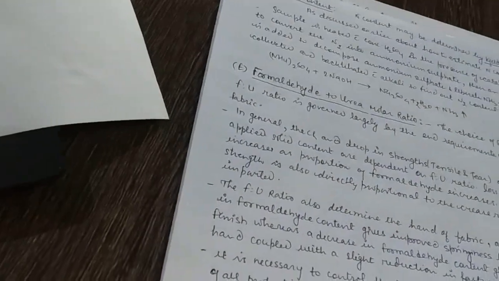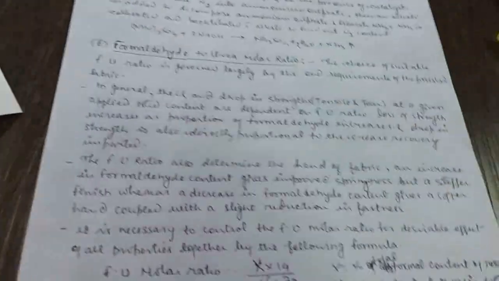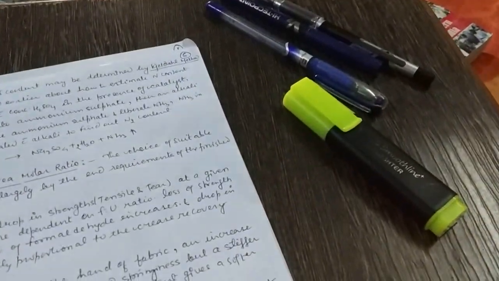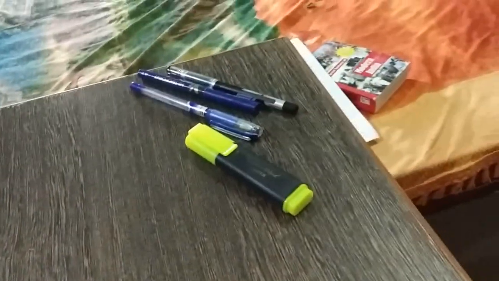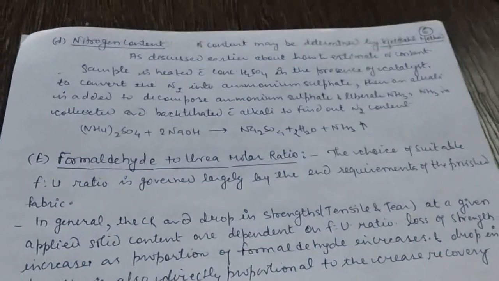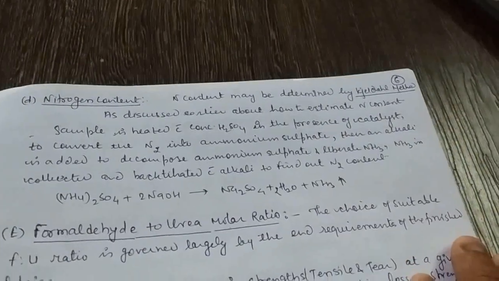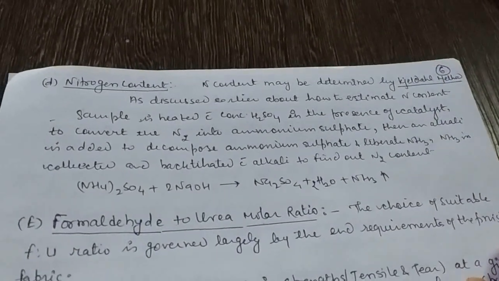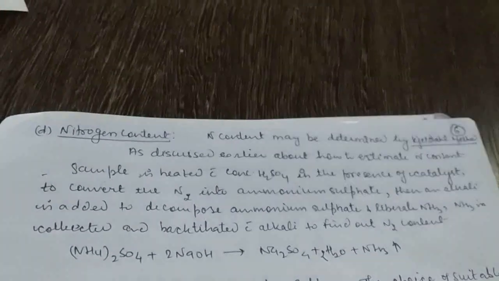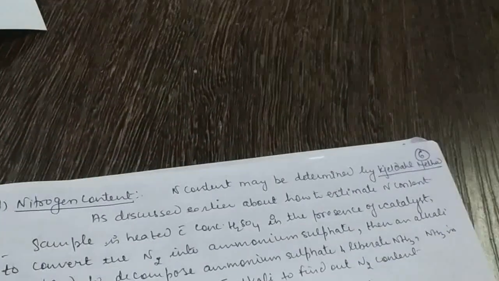Now we will discuss one of the most important characteristics of the cross-linking agent, which is nitrogen content. As you know, we discussed nitrogen content estimation in our previous lecture, but here we will revise the same thing. Nitrogen content can be estimated by the Kjeldahl method, a very popular method, which you also studied in your previous chemistry classes.